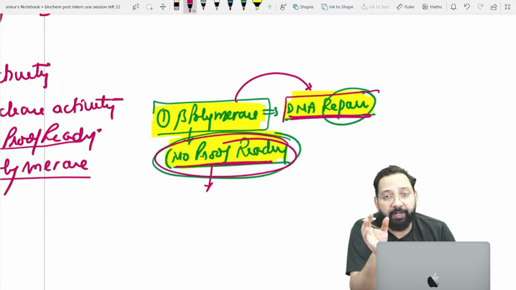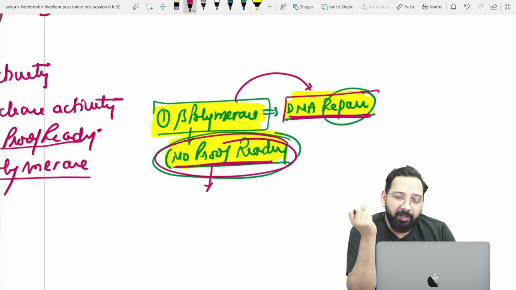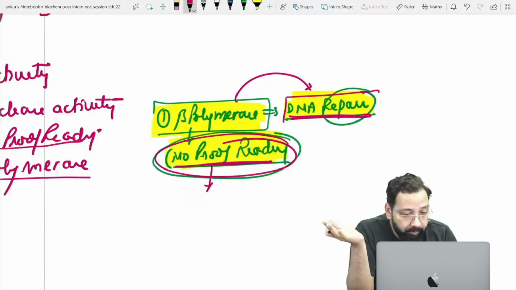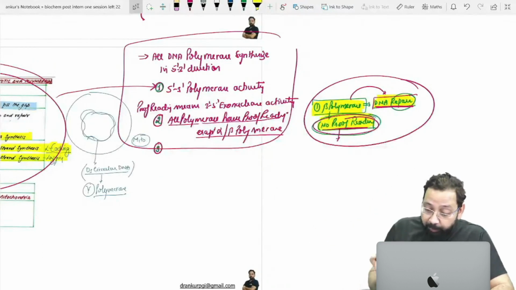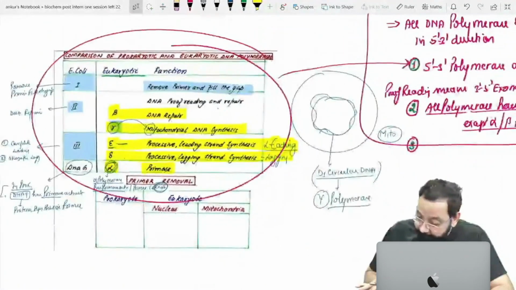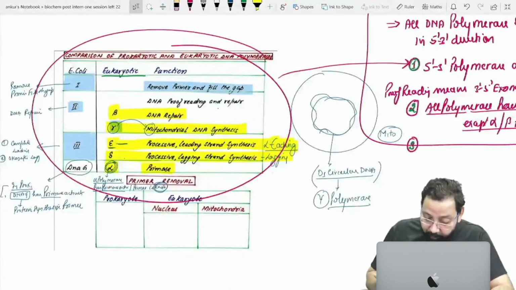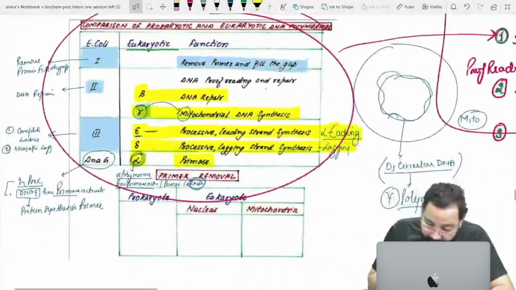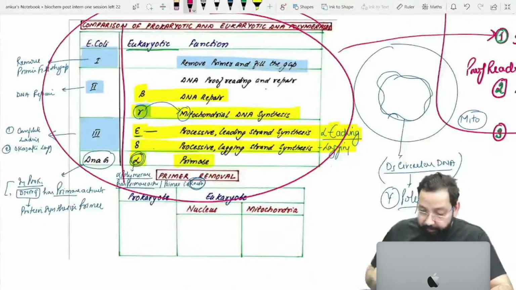DNA repair means I commit a mistake and you correct it, or you commit a mistake and I correct it. So proofreading and repair, these two things are different. Okay, so this is clear to you. Now you remember these two things.